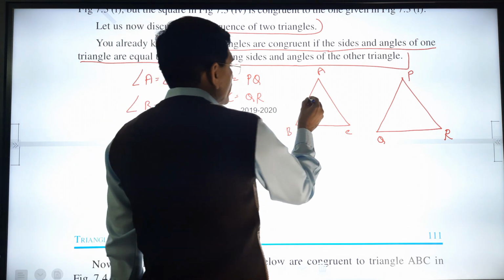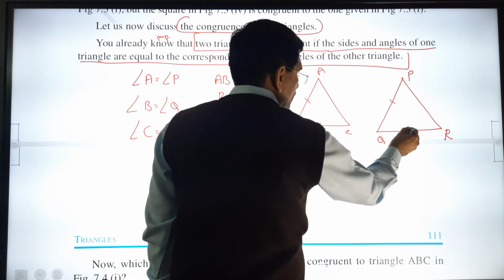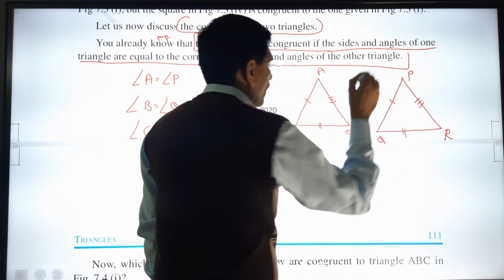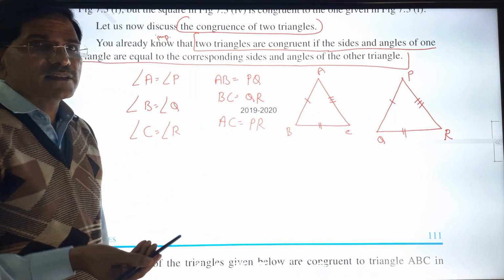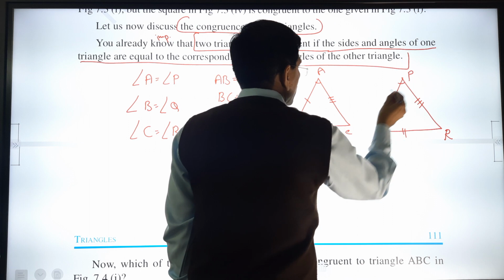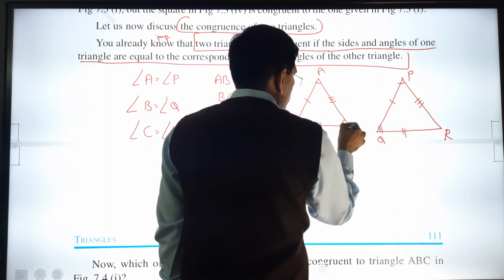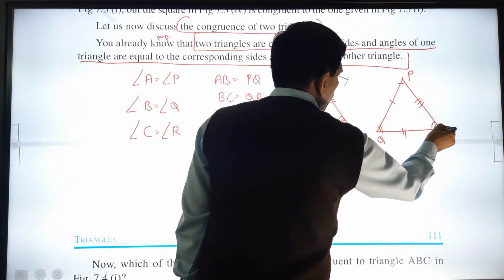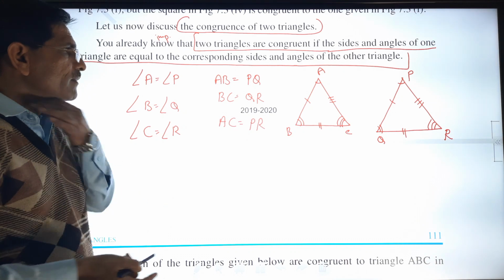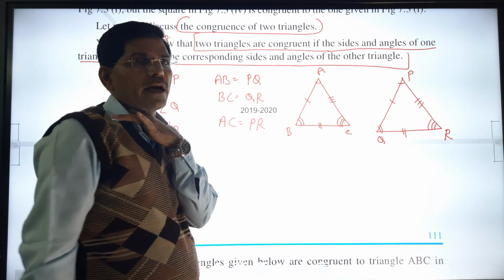Now we can show this symbolically. If I want to mark the angles symbolically, I make one arc here, two arcs here, and three arcs here. That is, angle A with P, one arc; angle B with Q, two arcs; and angle C with R, three arcs.